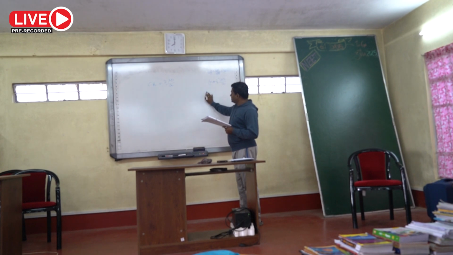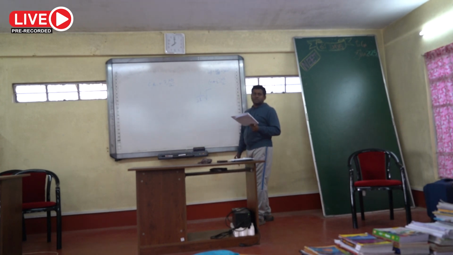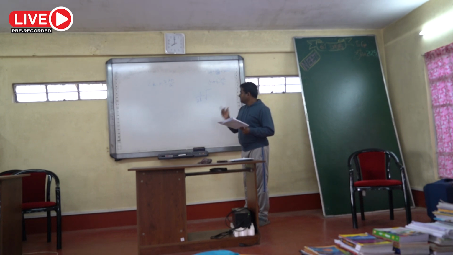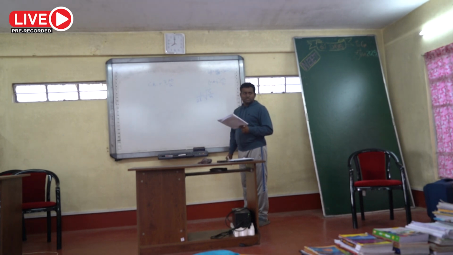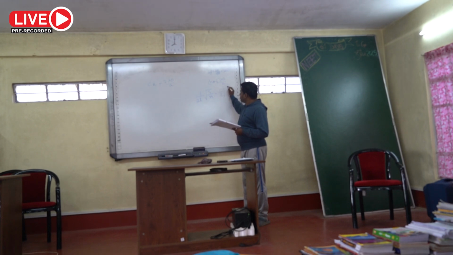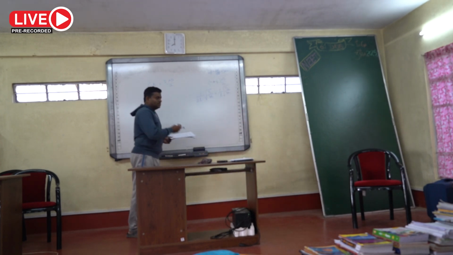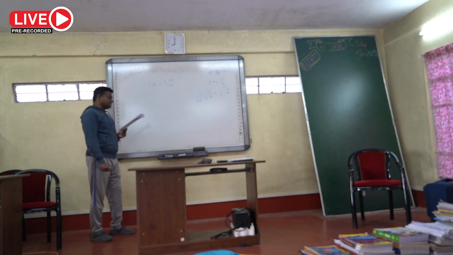See, you can consider that 1/2L root T by M is the fundamental frequency of a straight string. So 1/2L root T1 by M in the first string will be equal to 1/L root T2 by M in the second string, where M is the mass per unit length, which is the same.